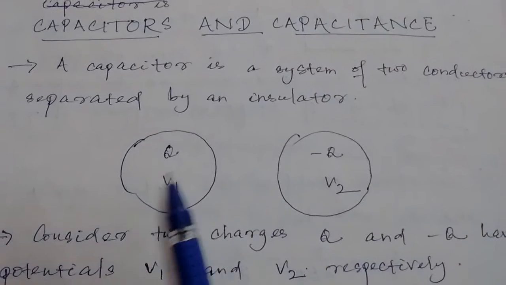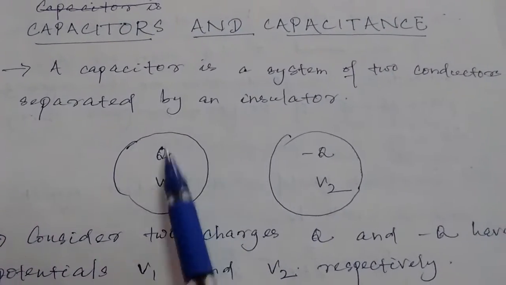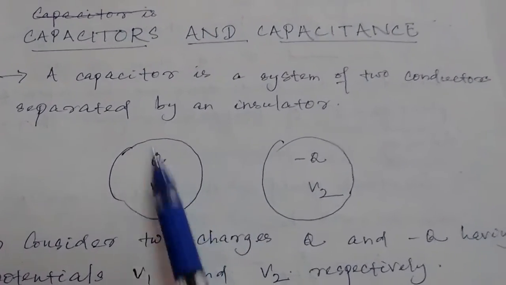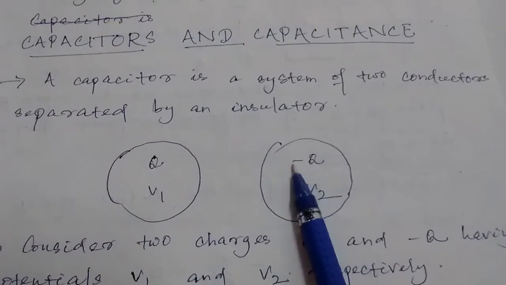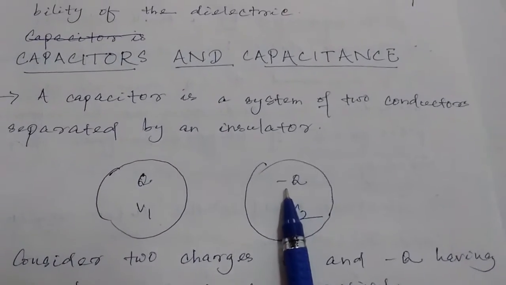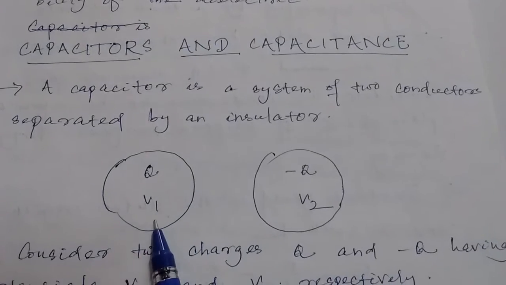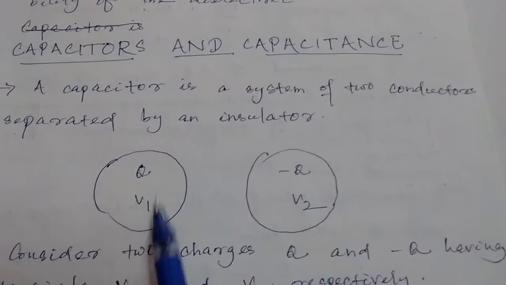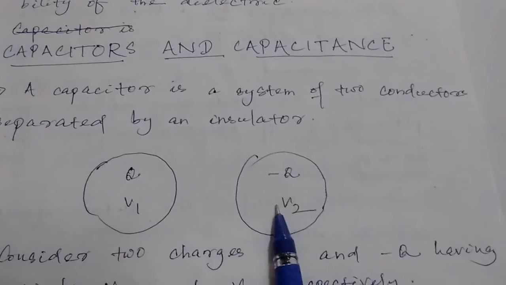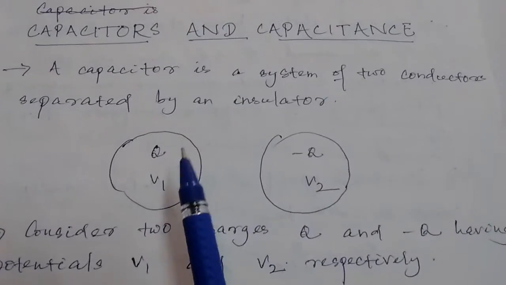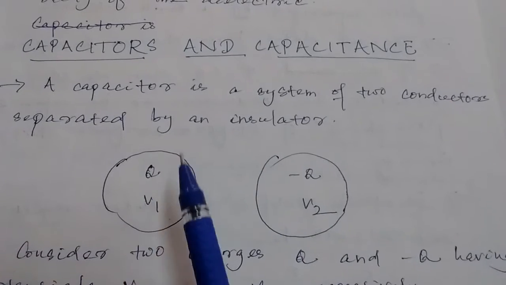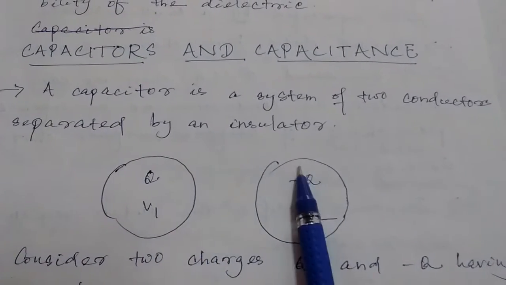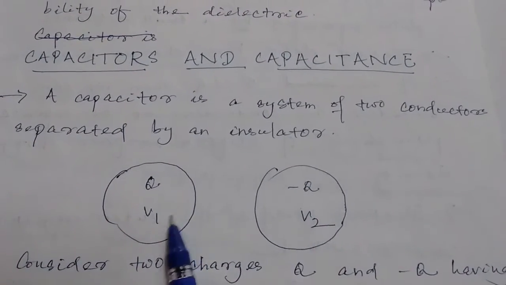Look here, this is a substance having charge Q, this is another substance having charge minus Q. Let the potential at this point be V1, and the potential at this point be V2. Now you can easily understand that the more the difference between the charges, the more will be the difference between the potential, or not.